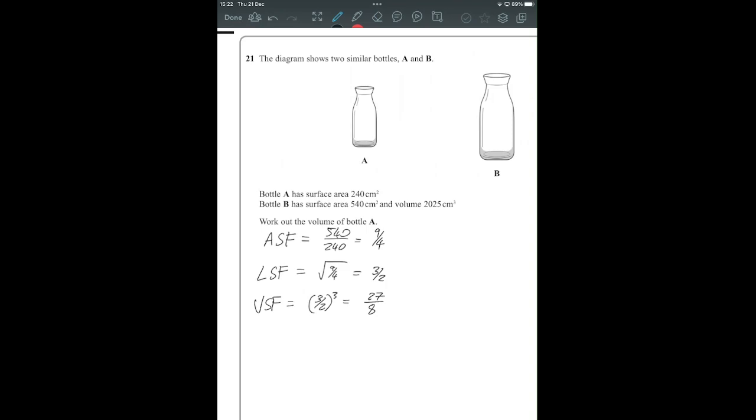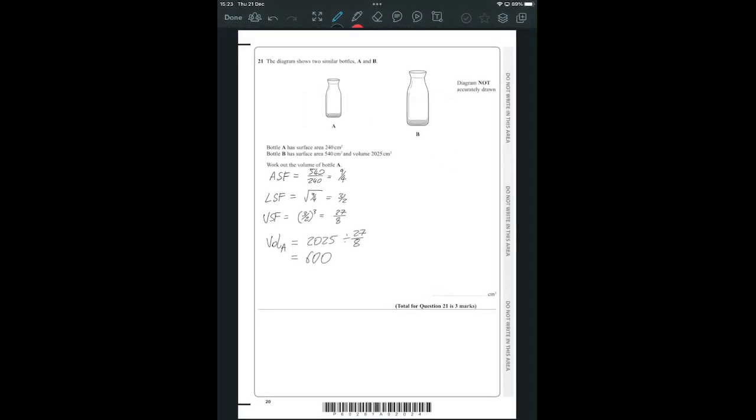So if I wanted the volume of bottle A, well, my volume of bottle B, but I need to make it smaller, so I'm dividing by that scale factor rather than multiplying by it. So that 20,025 divided by that gives an answer of 600. That is a really nice looking answer. Chances are I've done it correctly.